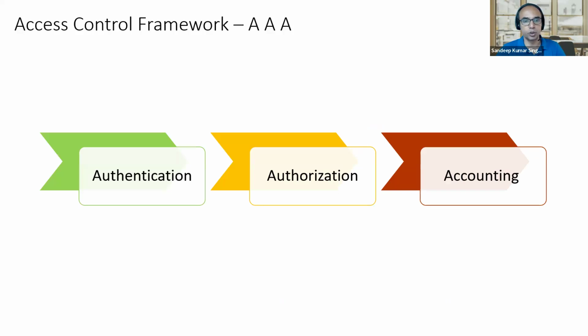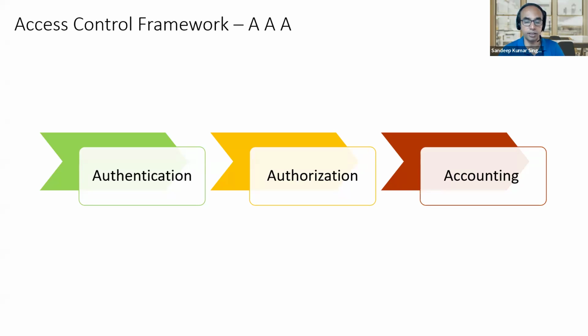Access control frameworks: authentication, authorization, accounting. Authentication is who you are. Authorization is all about what privileges you are carrying, right? So if you are boarding an aeroplane with a boarding pass and your ID card, the identity card tells who you are. The boarding pass contains your entitlement: which seat is entitled to you, whether you're going to sit in first class, business class, or economy, and what meal is authorized to you.